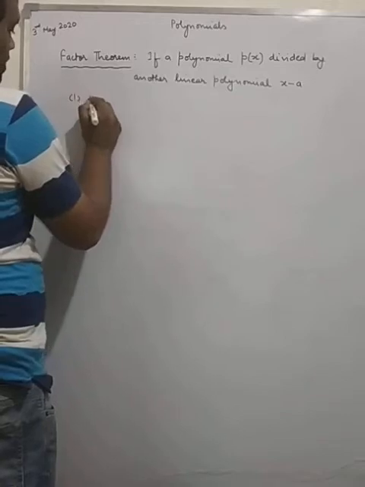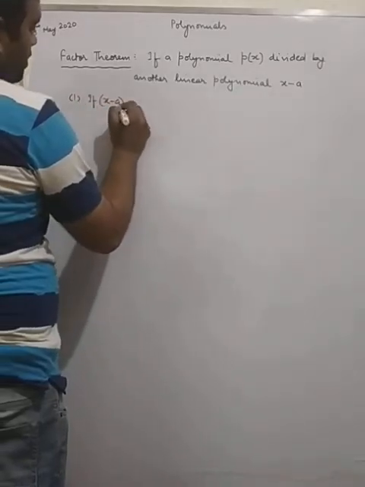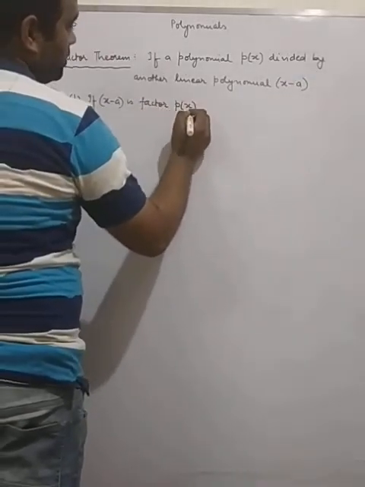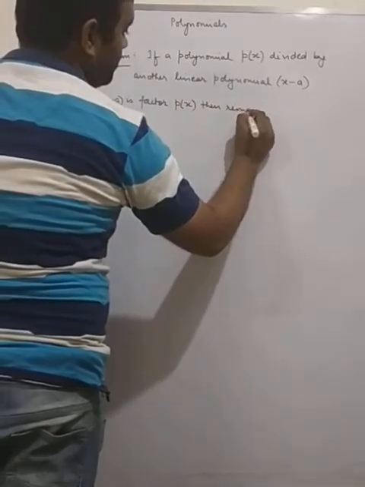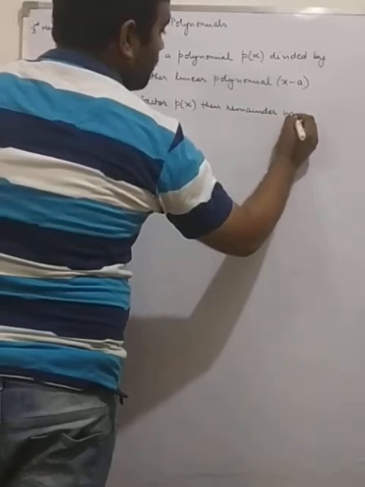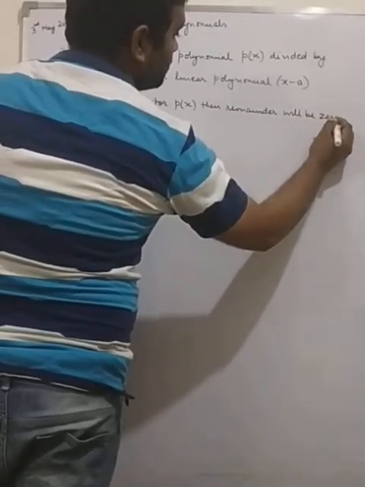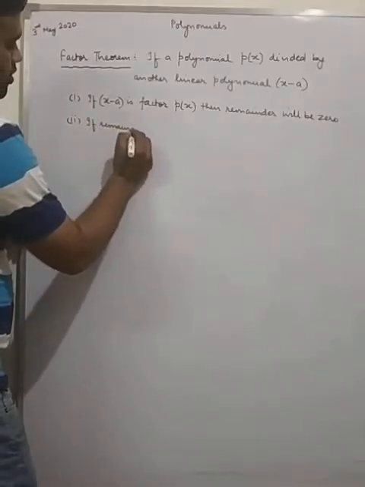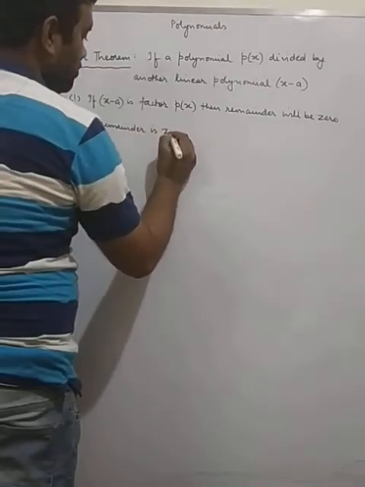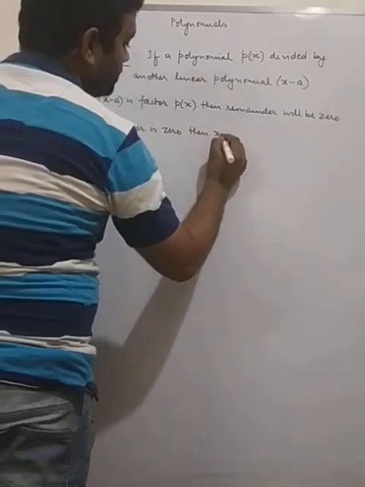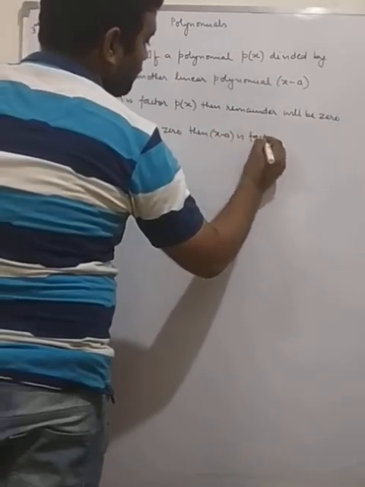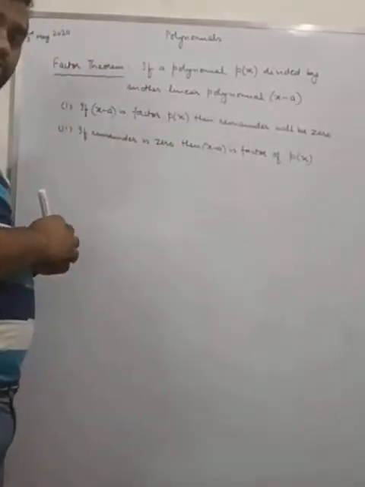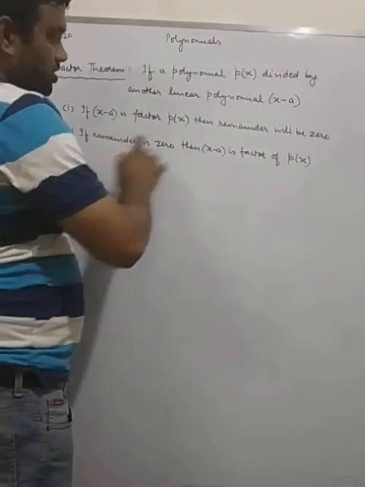First, if x minus a is a factor of p(x), then the remainder will be 0.